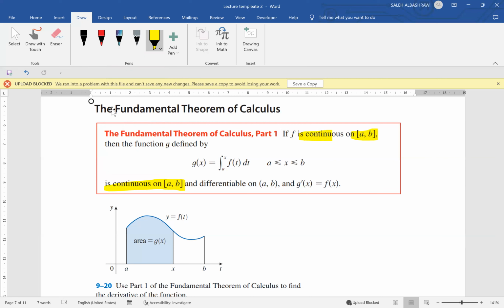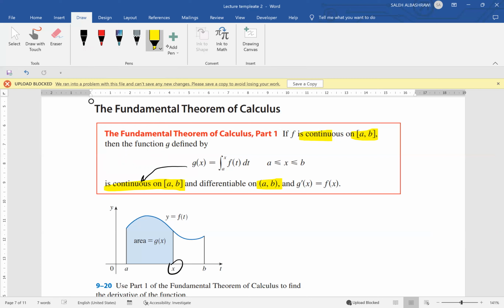That means that we define the function g of x in integral form. So g of x is equal to the definite integral from a to x, where x is any point between a and b. In this case, the function is continuous and also differentiable on the given interval a, b.